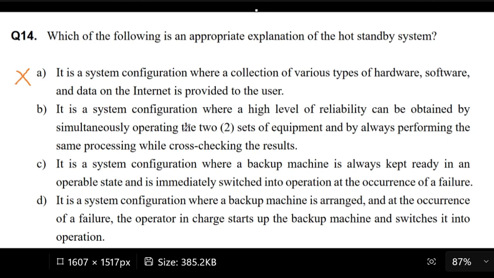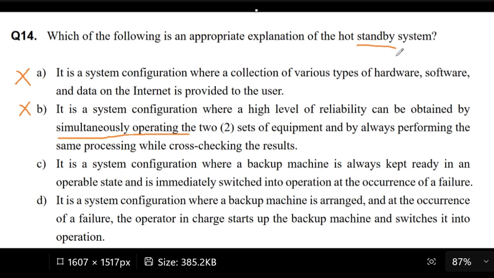I think in this case we are not simultaneously operating two sets of equipment. So this one is also not correct. Remember, we have here the keyword standby. So if you're operating both systems at the same time, where is the standby there?